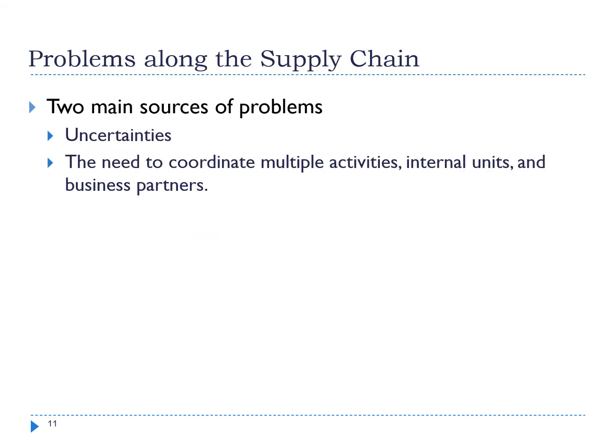The problems along the supply chain arise mainly from two sources. One is uncertainties, and the other is the need to coordinate multiple activities, internal units, and business partners. We'll discuss the two problems in detail in the following slides.